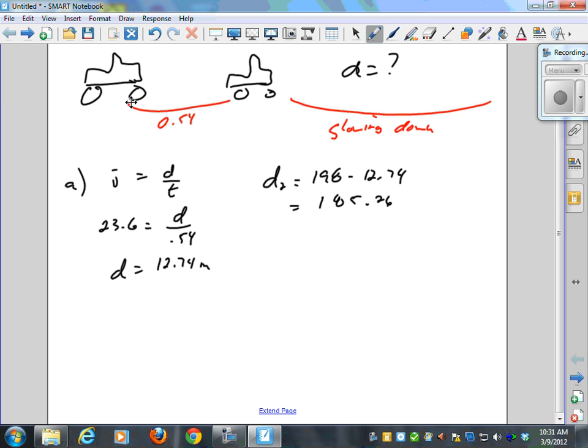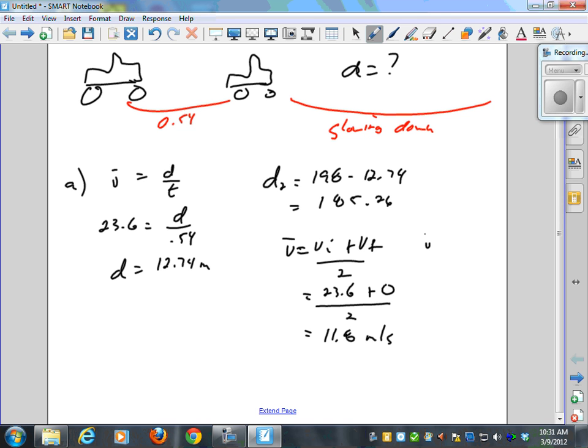Okay, now what you can do here is you can say that the average velocity is equal to VI plus VF over 2. The initial velocity is your 23.6. Your final velocity is 0. In other words, find your average. That's going to be 11.8 meters per second.